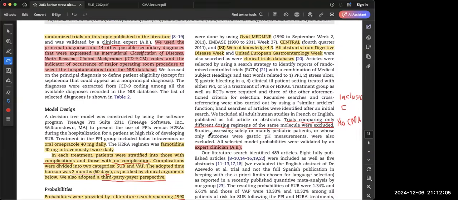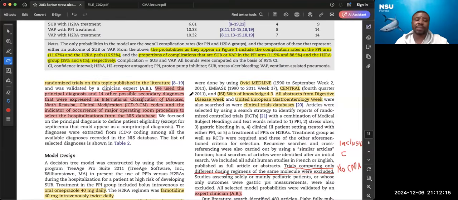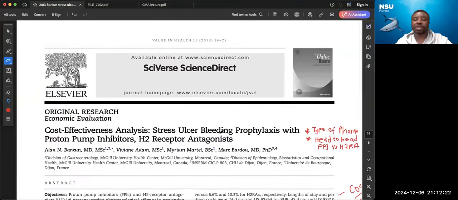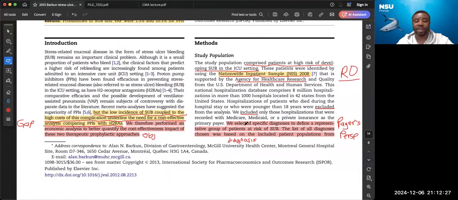And Milton asks: in this study, was a randomized trial used, isn't it? No. In this particular study, they used randomized trials, but only to help with the diagnosis. They didn't use randomized trials for everything. This is why I've written diagnosis here. We selected specific diagnoses to define a representative group of patients at risk of stress ulcer bleeding.